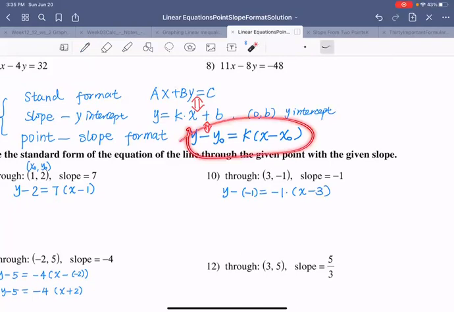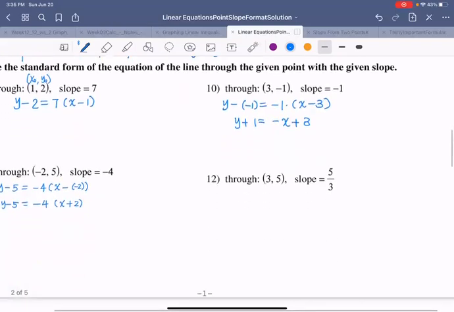Did you see what Ethan did here? You have your x0, y0. You do y minus y0 equals the slope times x minus x0. Do you understand now? Yeah. Correct.